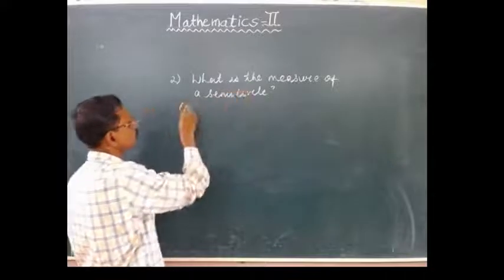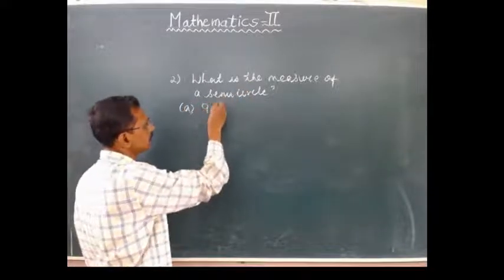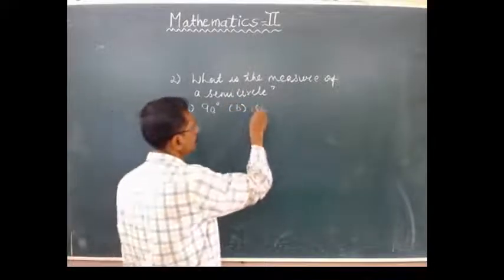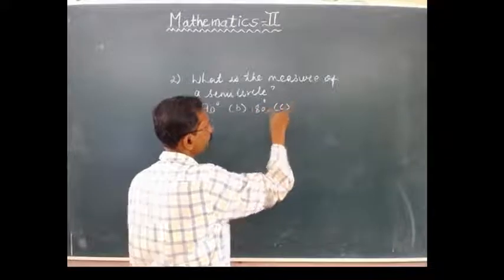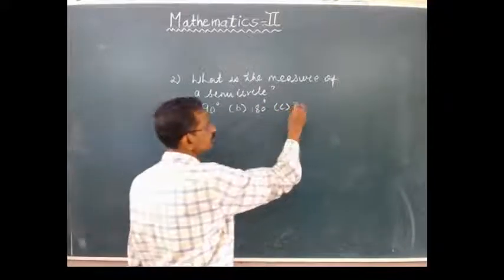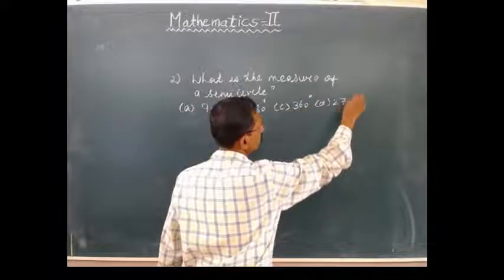And our options are: A option tells me 90 degrees, B option tells me 180 degrees, C option tells me 360 degrees, and D option tells me 270 degrees.